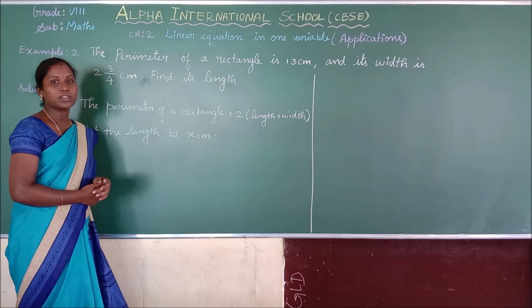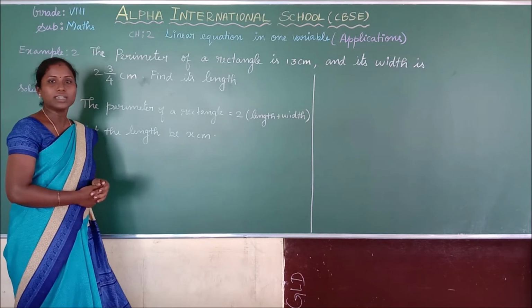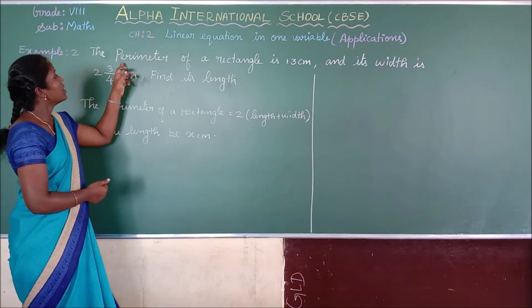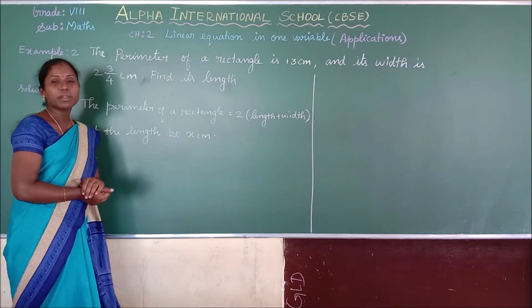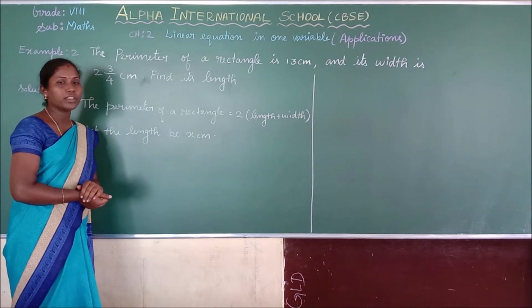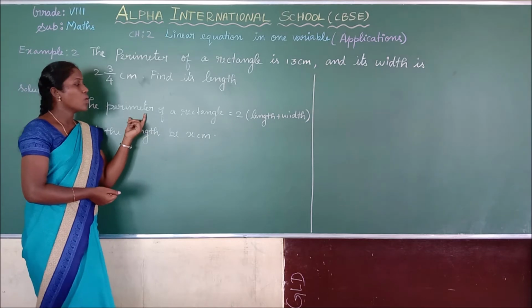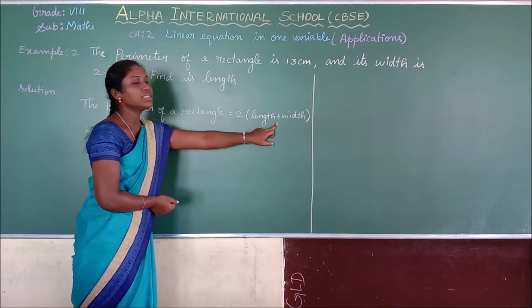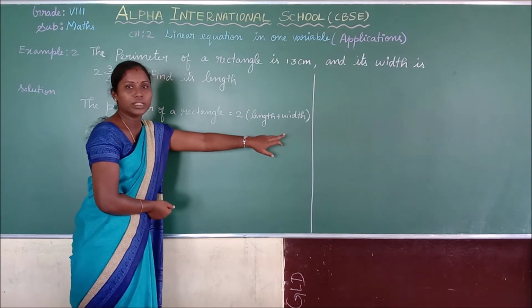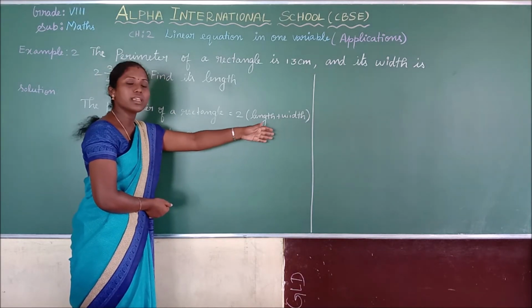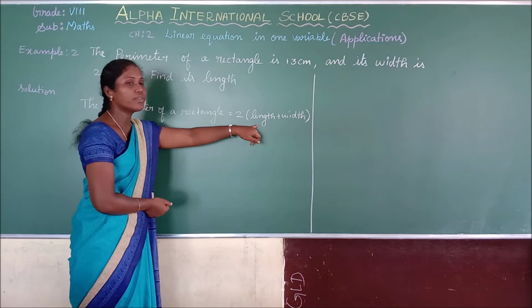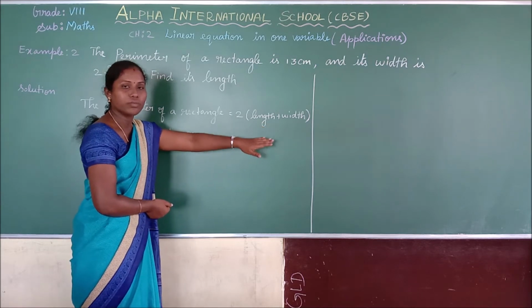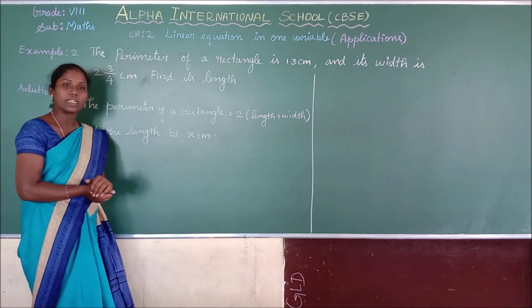And the two opposite sides are equal in length. What is the perimeter of a rectangle? We know the formula: 2 times of length plus width. Length you can also say breadth. 2 times of length plus breadth or width. That is the perimeter of a rectangle.